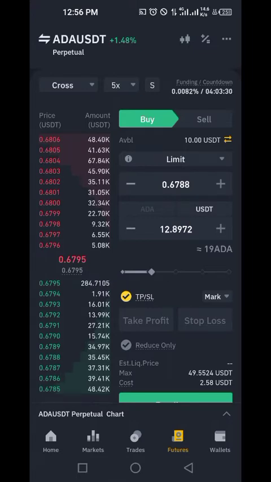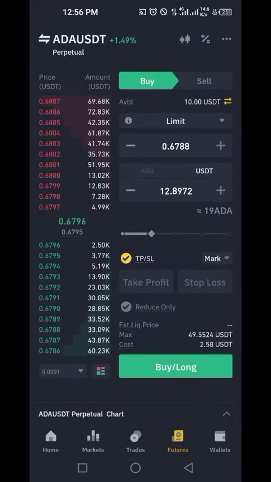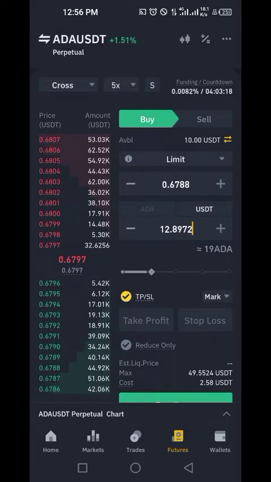Even though what it will cost me to enter this position is just $2.58, because I'm on cross and I didn't set, let's say, a stop loss, or my liquidation price is closer, if it goes down and keeps on going down, maybe I'm already on a loss of $2.8, it will keep on going down till it finishes all the $10 on this available balance.